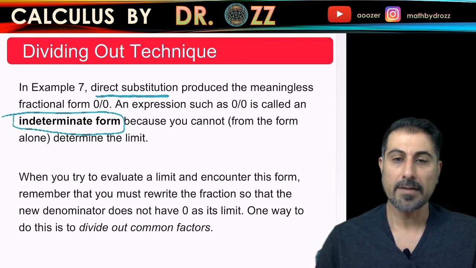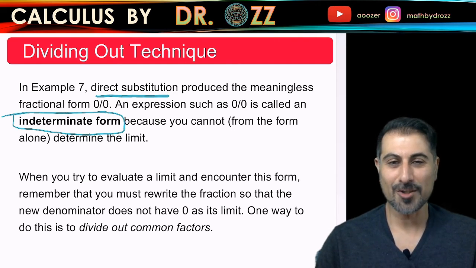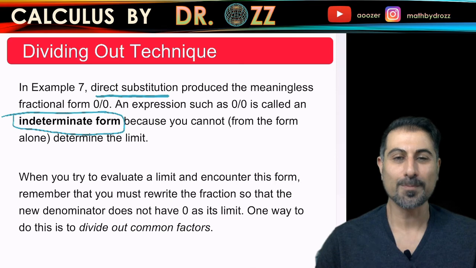One way to do that is just what we have seen. It's called the dividing out technique, where common factors are divided out, and you have a brand new function g for which you now have to find a limit.